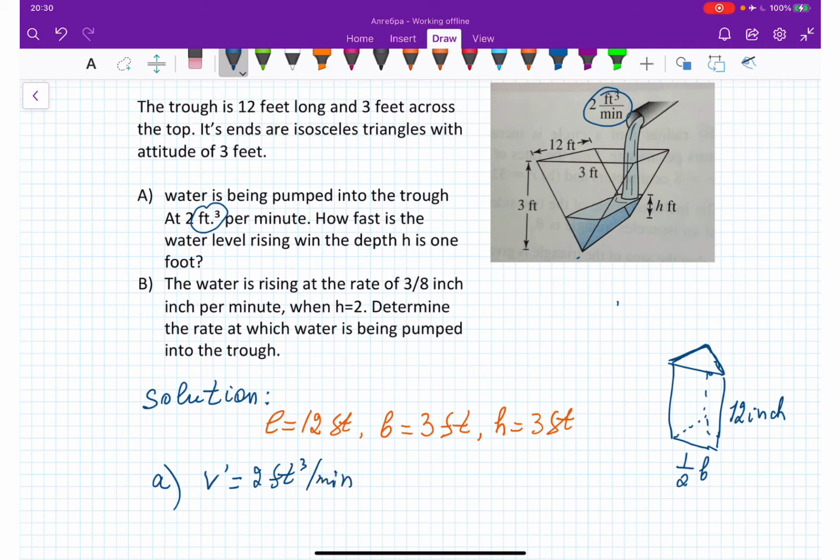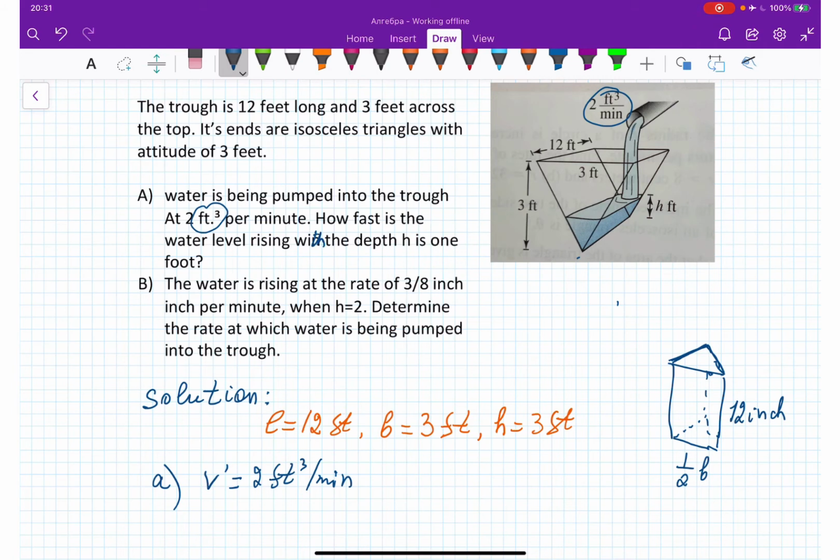How fast will the water level rise? When it says how fast, it's also asking for a rate of change. Where rate of change, it's a first derivative again, right? How fast is the water level rising with the depth? Okay, let me just fix it.